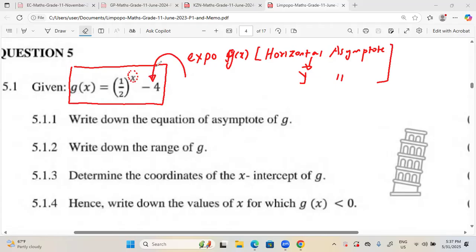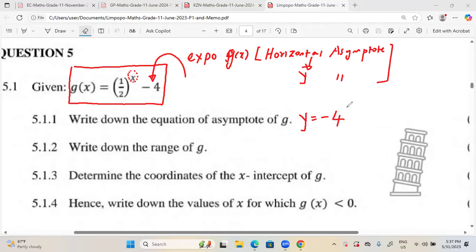So we can now answer 5.1.1 where they say write down the equation of the asymptote of g. So what is the equation of the asymptote? y equals negative 4. Remember, exponential function has got only the y asymptote. So the number at the end there is the y asymptote.